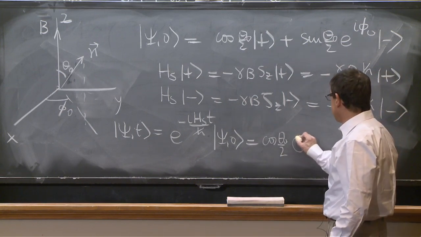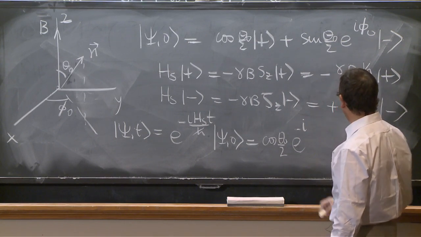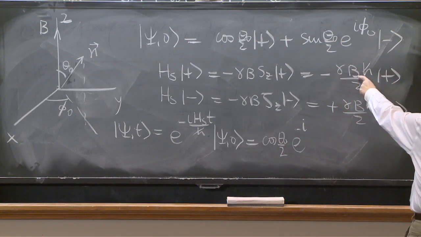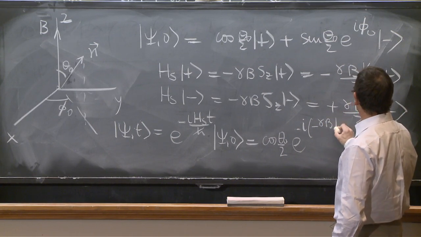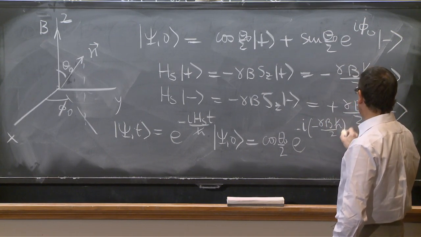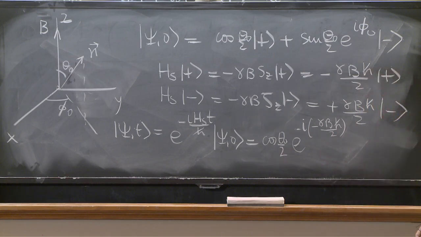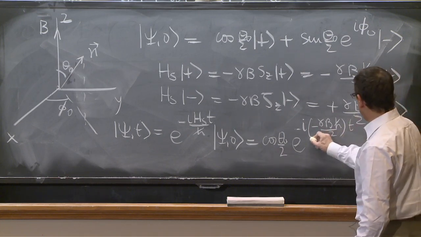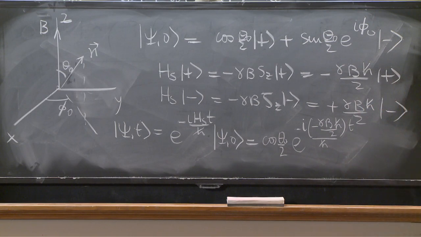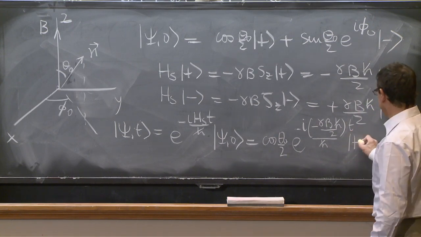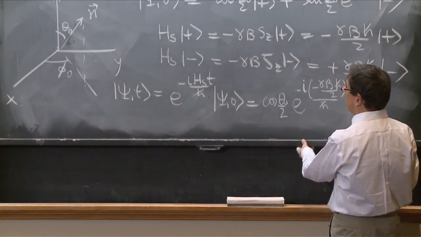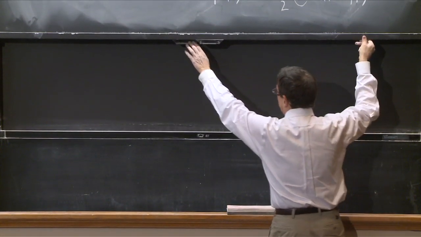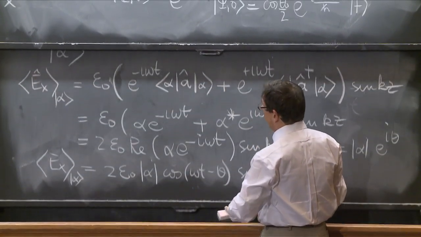So you put e to the minus i, and Hs on plus is minus gamma b h bar over 2, then you have the t and the h bar, and the plus.